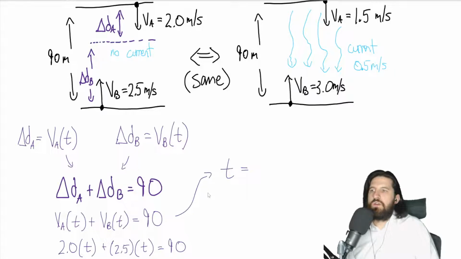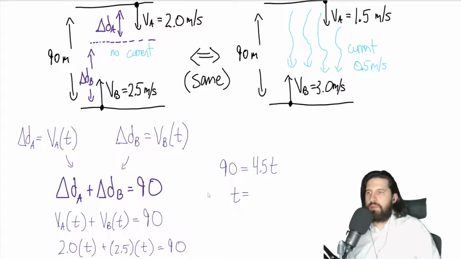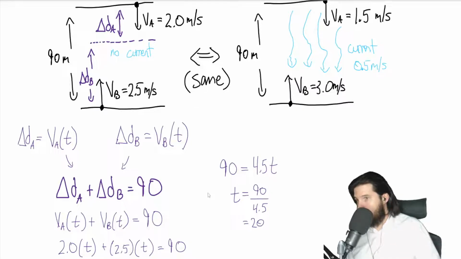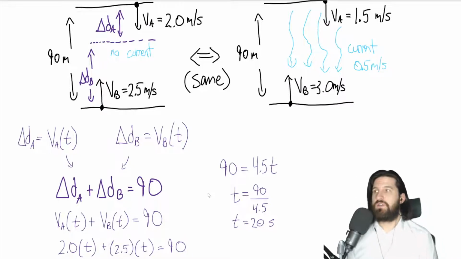And so we can solve for T. Okay. So 4.5 T is equal to 90. And this is probably good news that, you know, your number ends up being a nice one. So what is this? 200? No, 20. Right? 20 seconds. So they meet after 20 seconds.